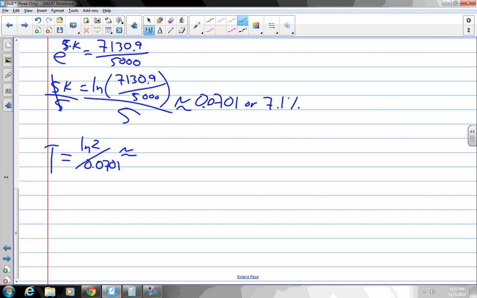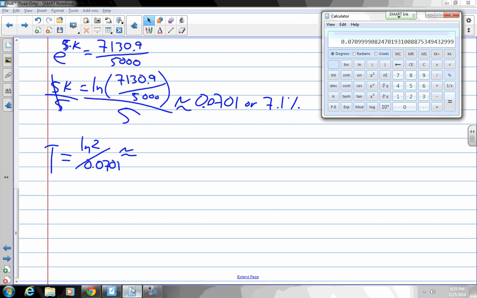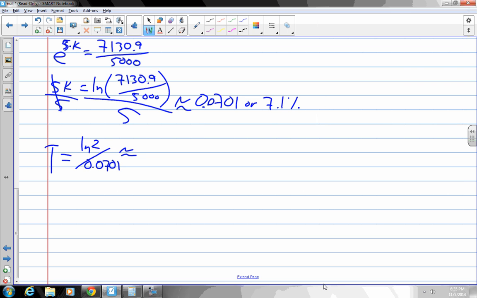So something close to 10 years if I plug it in a calculator. ln of 2 divided by 0.071. So 9.7, 9.8 years. Is that okay?